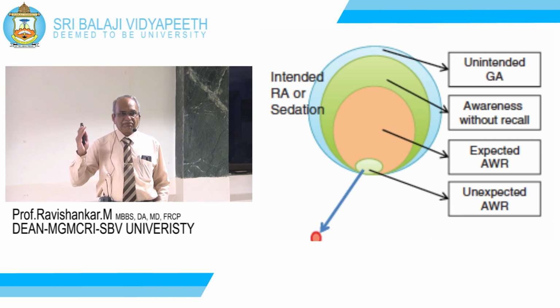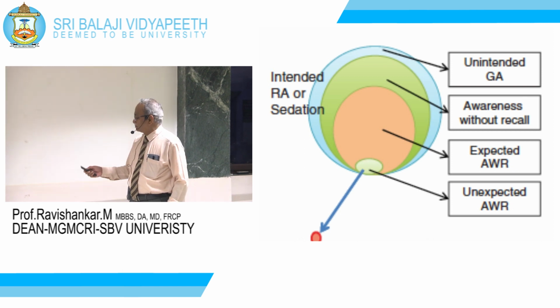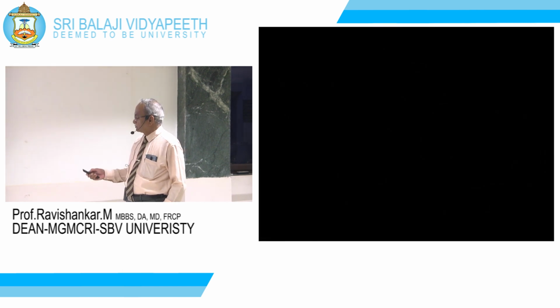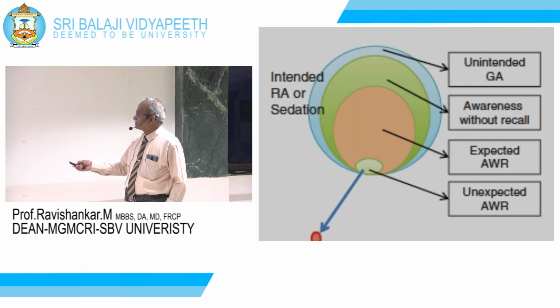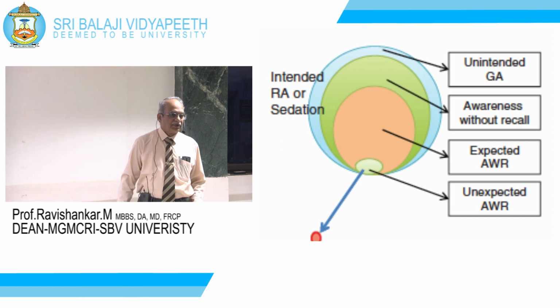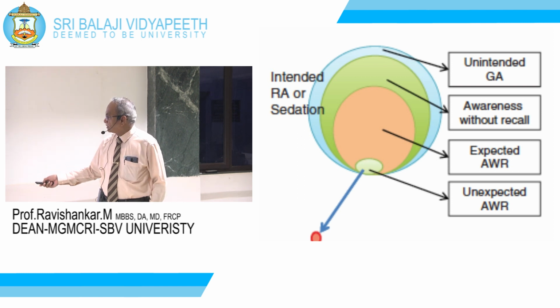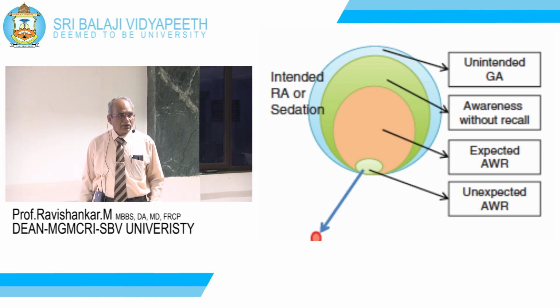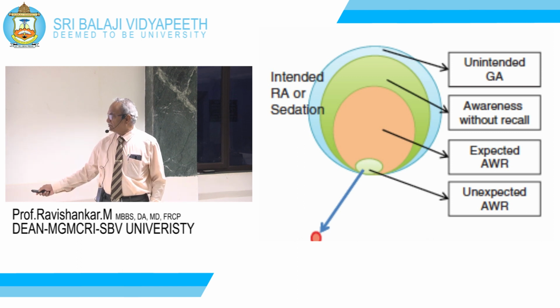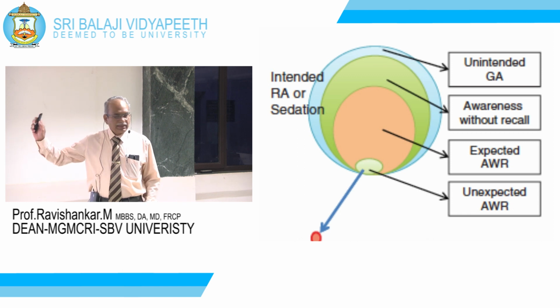Whatever experience the patient had consciously before you start a GA might continue even after you give general anesthesia. That's why you find awareness without recall incidence is much, much higher when you have converted a regional into a general anesthesia, and expected awareness with recall also is high, and unexpected awareness with recall is smaller. But again, this is controversial.